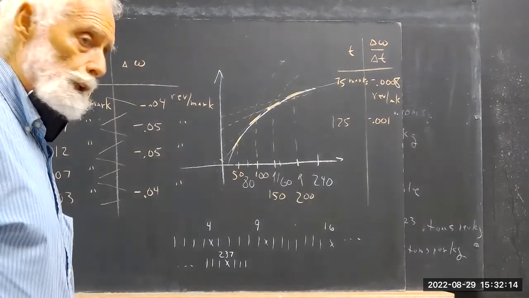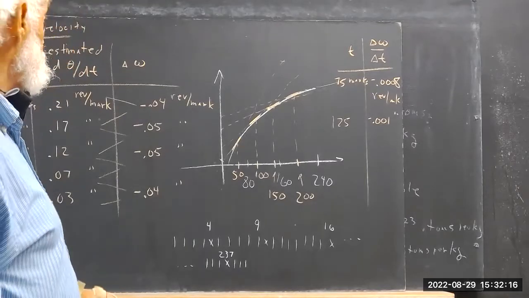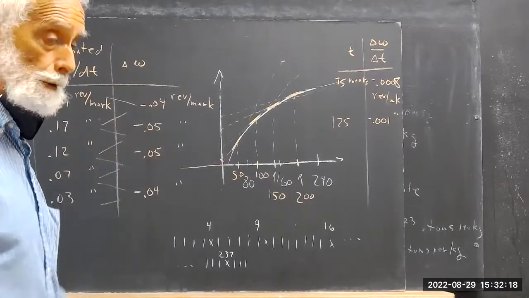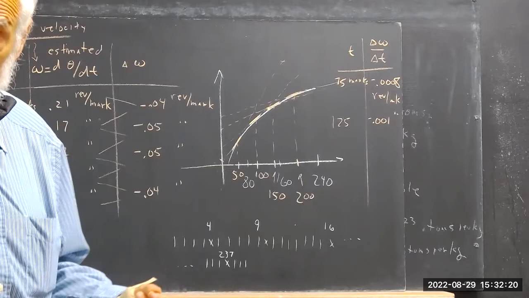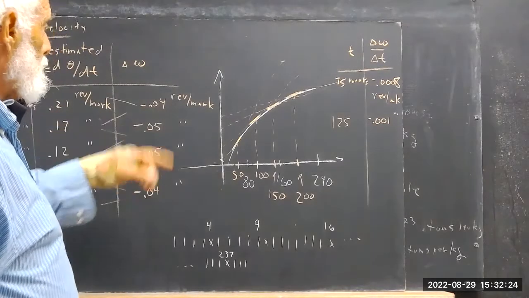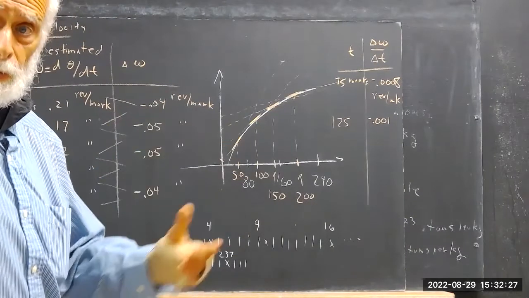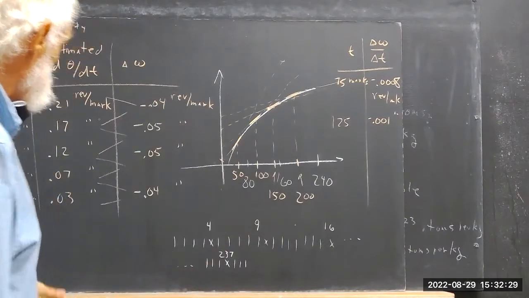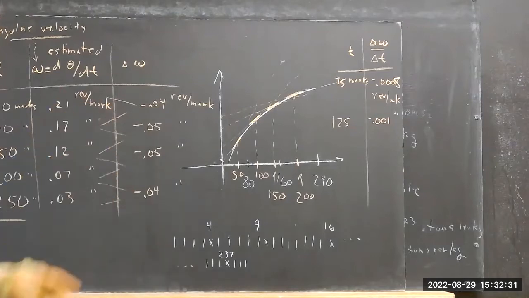Usually in calculus and physics, when we're talking about angular motion, we use radians. Now, not revolutions per mark, but radians per second would be the standard unit. But right now, that doesn't matter.